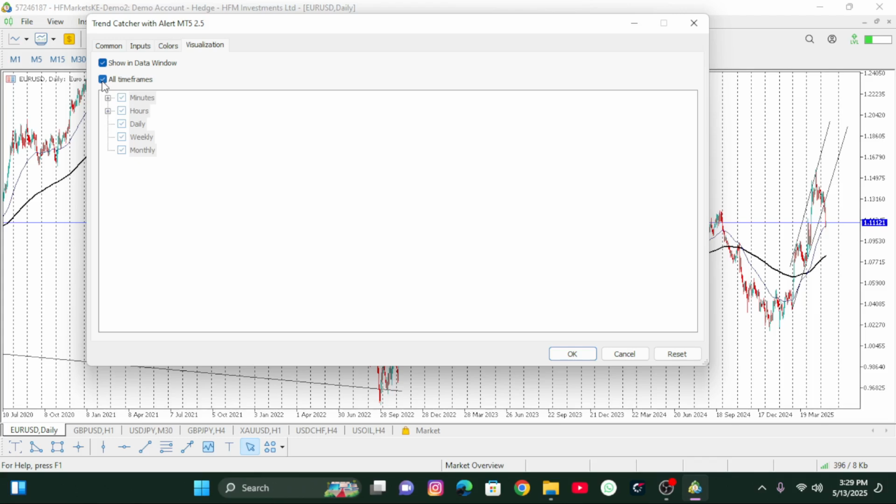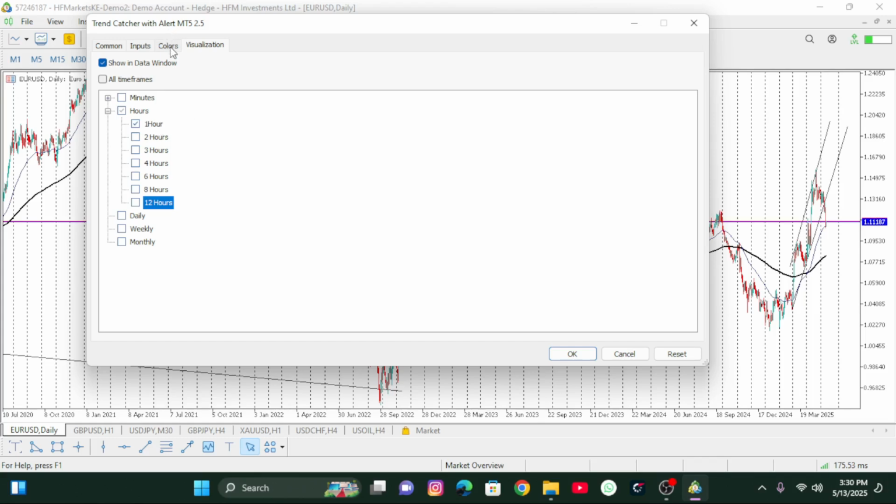I would want to see it on the 1 hour. So I'll untick it. Here on the minutes, I'll untick that box, untick the daily, untick the weekly, and untick the monthly. On the hours time frame, there are different hourly time frames. So I'll click the plus icon, untick this one, this one, this one, and this one. So I will only remain with the 1 hour time frame.